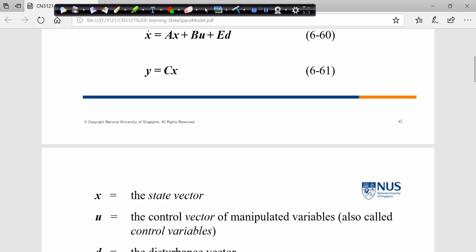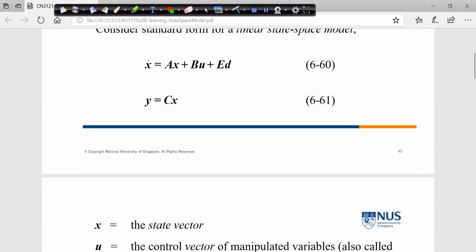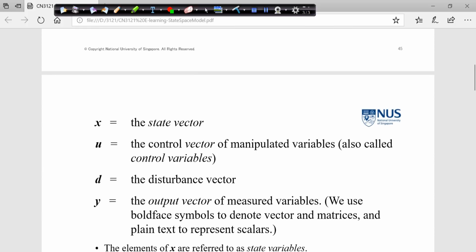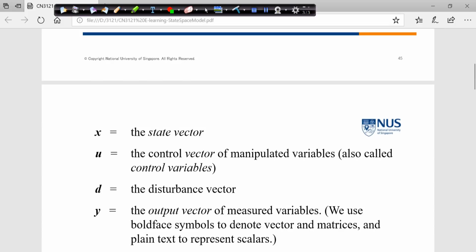So let's have a look at what these variables or constants mean. x is defined as the state vector, and x dot is the derivative of the state, dx over dt. u is a control vector of manipulated variables, also called control variables, and u has a coefficient of B. d is a disturbance variable, the disturbance vector, so we have E before the disturbance vector as a coefficient.